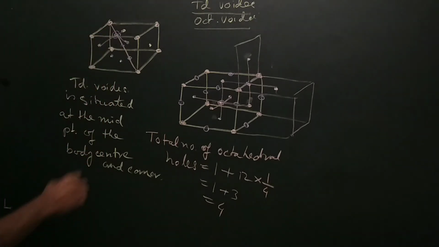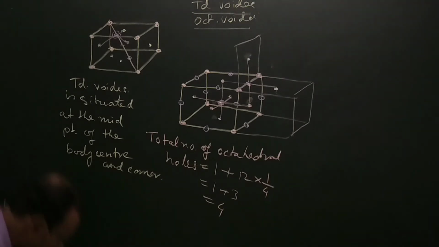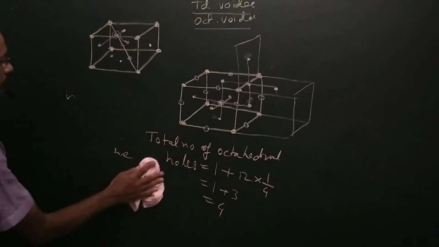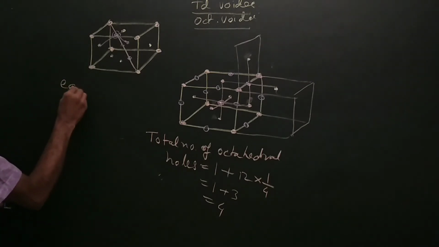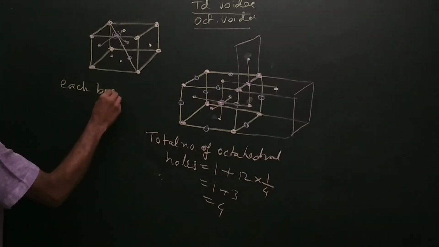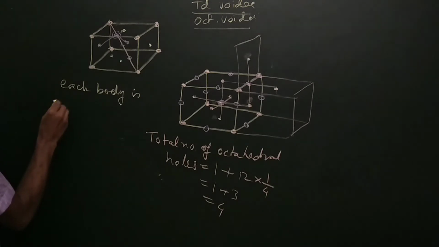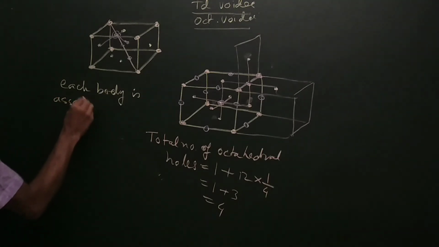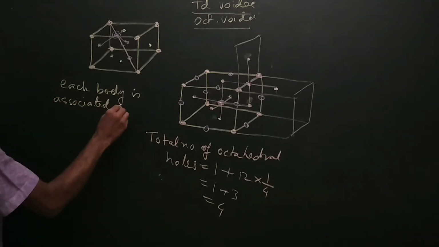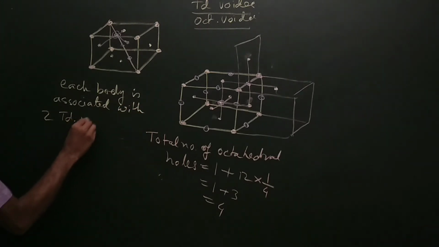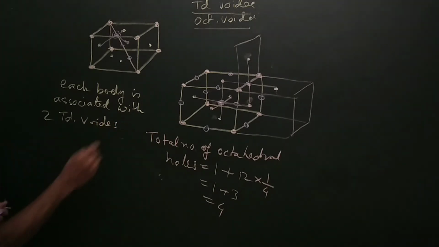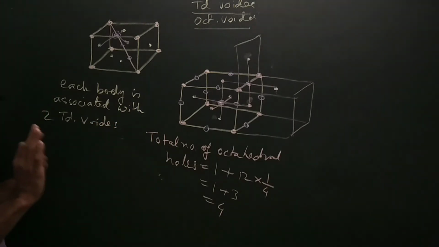And now we know that there are 4 body diagonals in a cube.